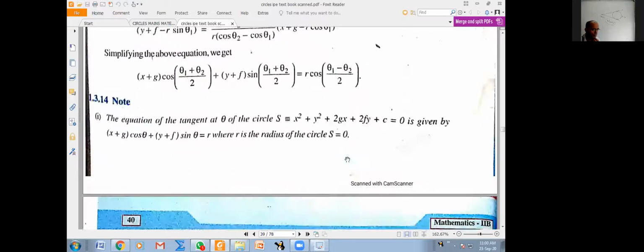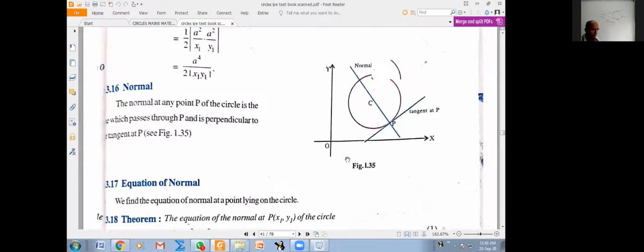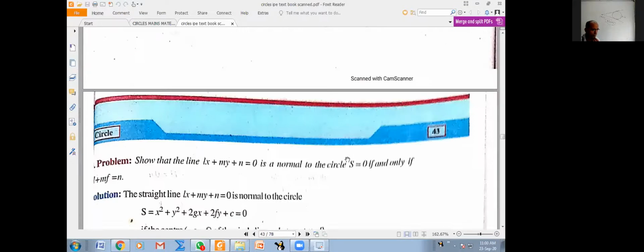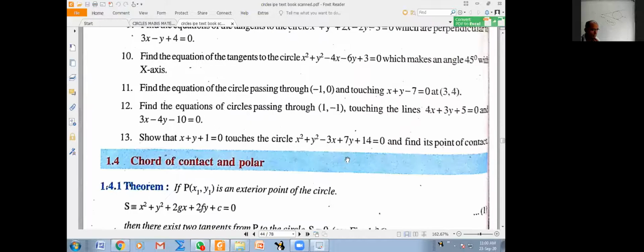Everybody finding in the physical copy? There is a simple logic that they used. Nice, but only for circles.